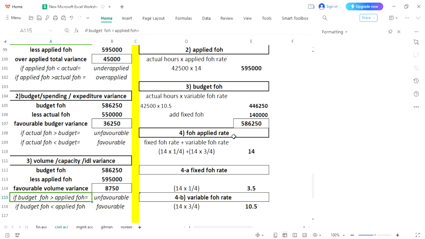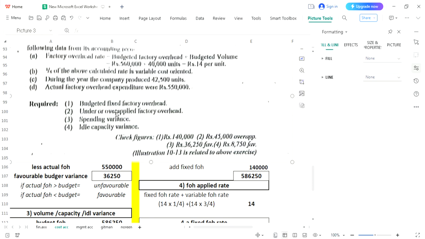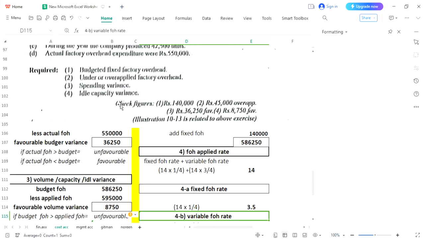Let's see what is given in the book as your answer. We have seen our fourth requirement, idle capacity variance, 8750, and we have calculated 8750. Look here, it is mentioned favorable, and we have also concluded as favorable.